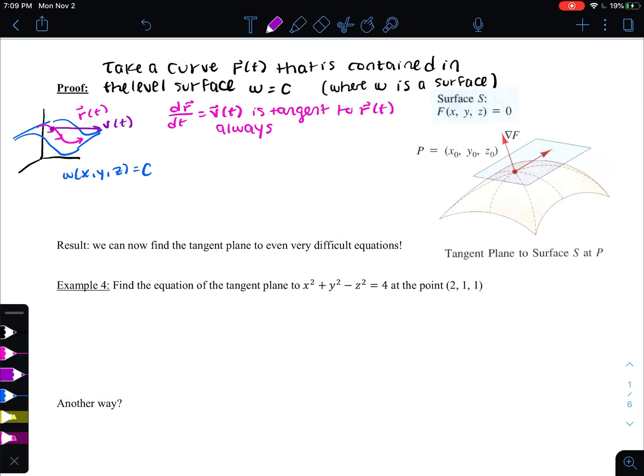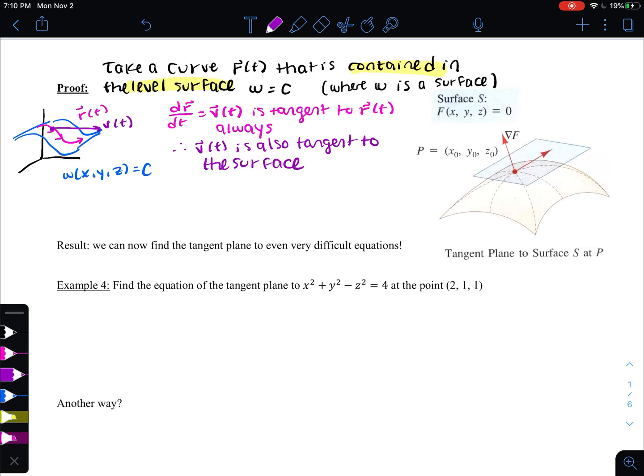So if that v of t vector is always tangent to the curve that is contained entirely in the level surface, then therefore v of t is also tangent to the surface.